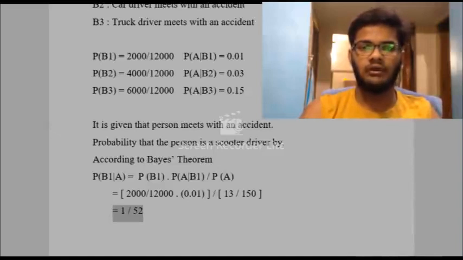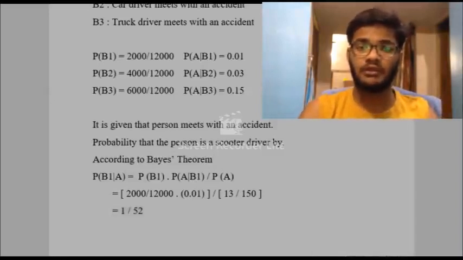Putting the values in the formula, we get the answer 1 by 52. So the probability that a person who meets with an accident is a scooter driver is 1 by 52. Now you have got the idea about the Bayes theorem and total probability theorem.